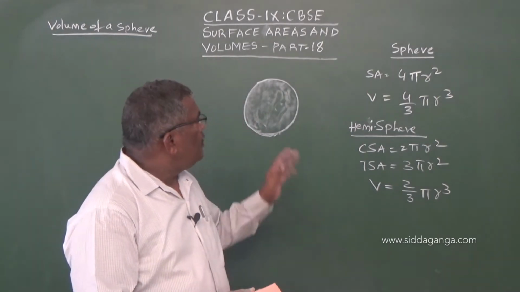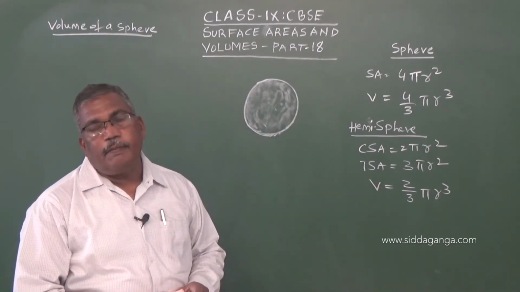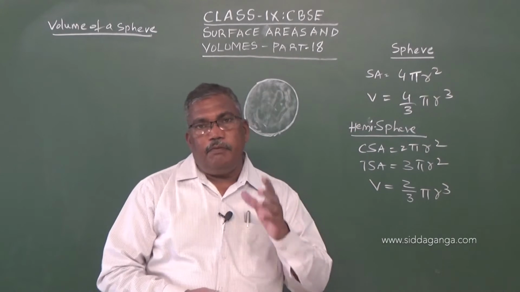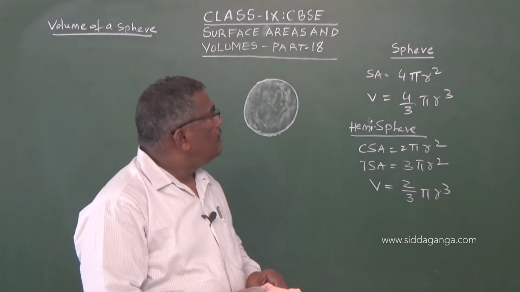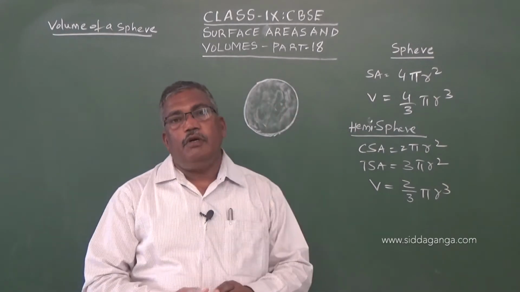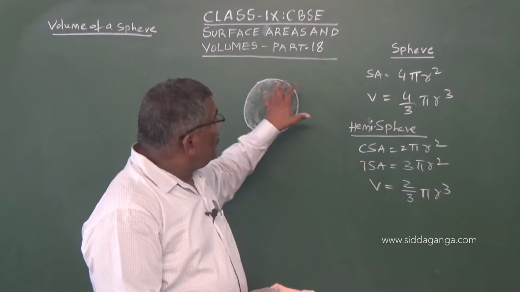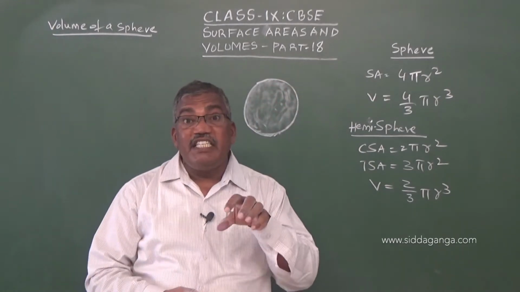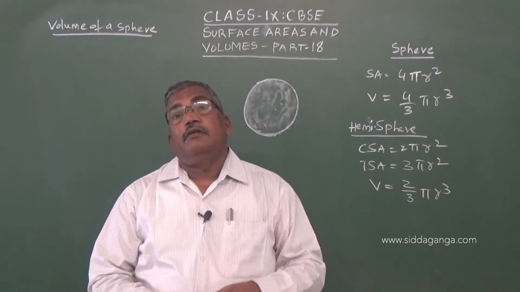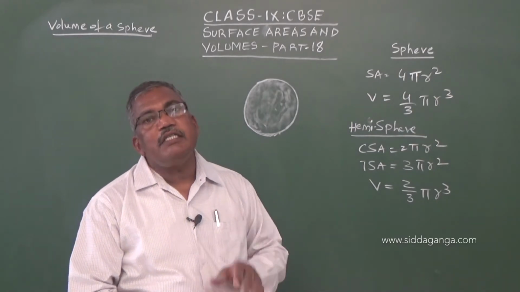So, these are all spheres. When we talk of volume, we calculate the volume of material, and if it is void, we talk of the capacity if we fill water or any liquid inside it. If it is void, we call it capacity.